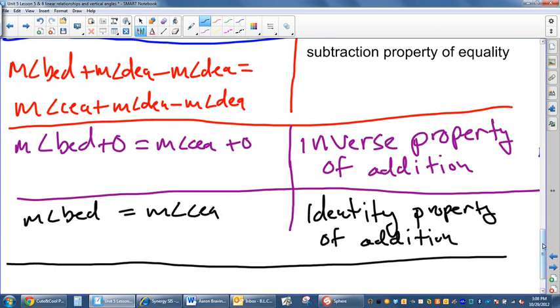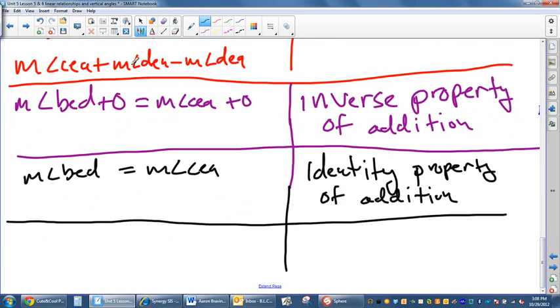Good. All right, so if two measurements of two things are equal, those things are also congruent. What allows me to go from two measurements being equal? Definition of congruence. Hey, we got through it.